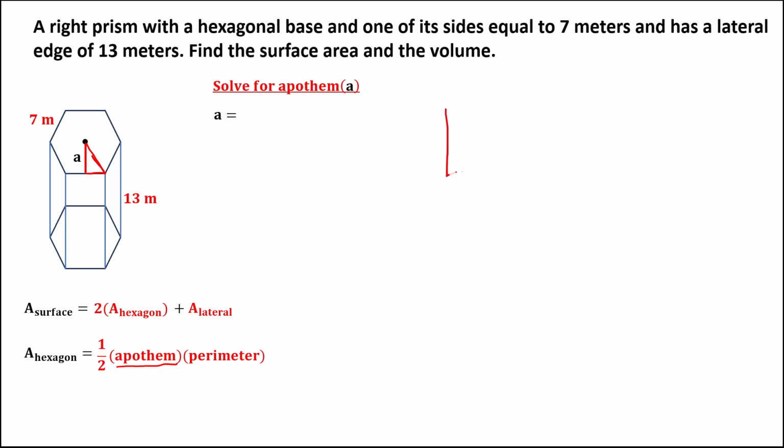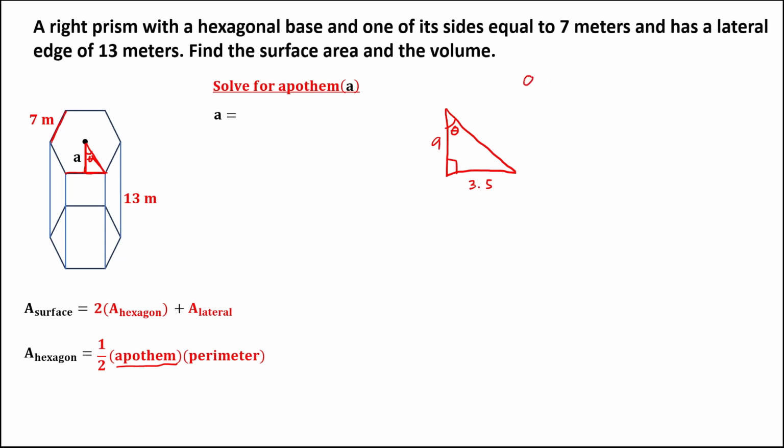From that right triangle, since one of the sides of the hexagon is 7 meters, this is also equal to 7 meters, and half of 7 meters is 3.5, and this is now angle theta. So this is angle theta, and this is the apothem.